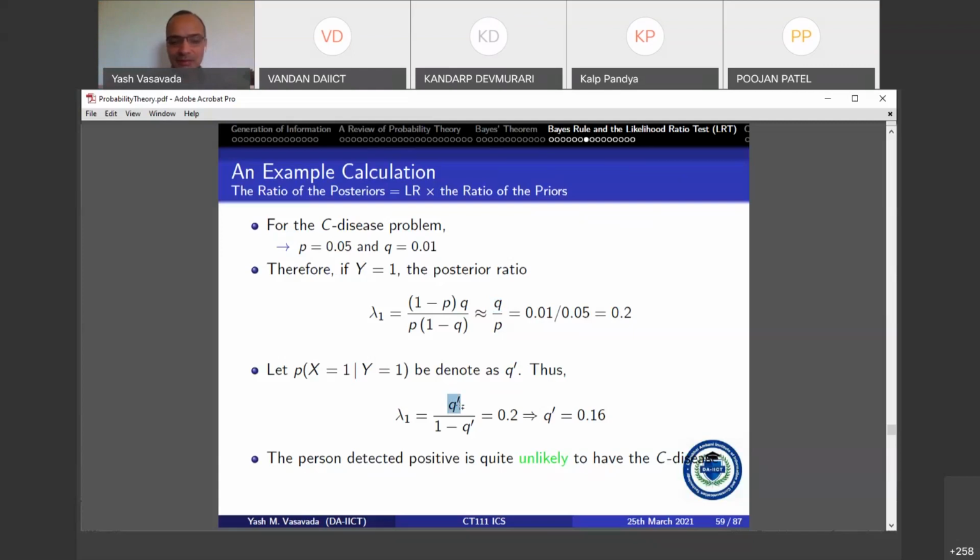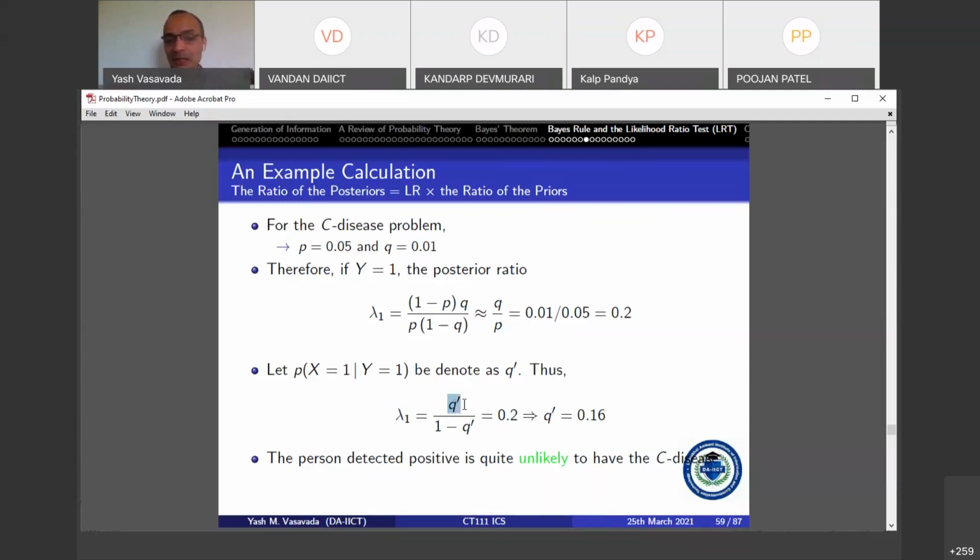But remember what I told you just a few minutes back, that after you get a particular outcome, the source suddenly starts appearing to you very different. And essentially what is happening is Q is turning into Q prime. And the ratio of Q prime divided by 1 minus Q prime is exactly lambda 1. That is how we have defined lambda 1.